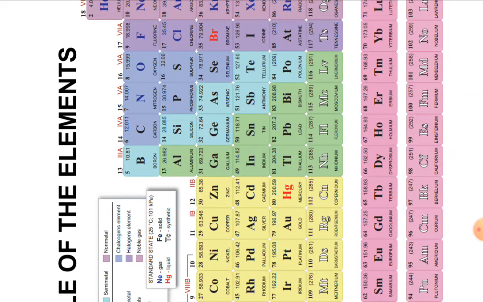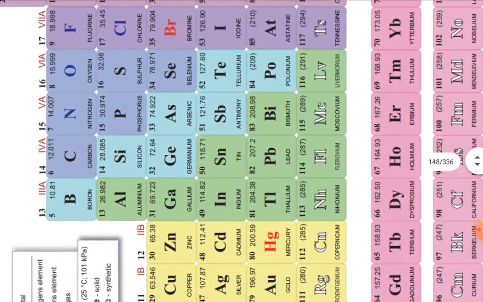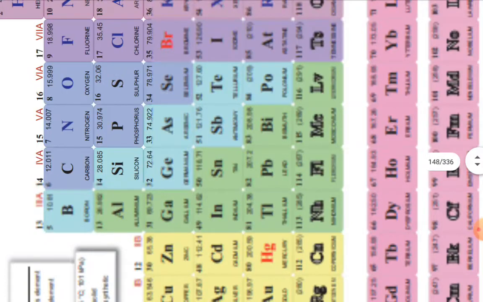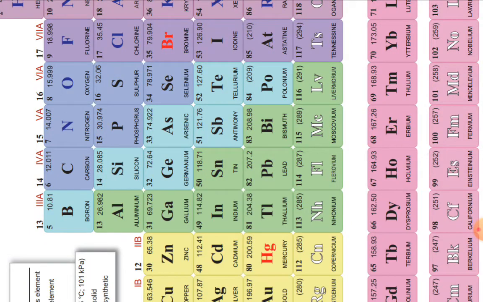The 13th group: boron, aluminium, gallium, indium, thallium, and nihonium. The 14th group: carbon, silicon, germanium, tin, lead, and flerovium. Then the 15th group: nitrogen, phosphorus, arsenic, antimony, bismuth, moscovium.